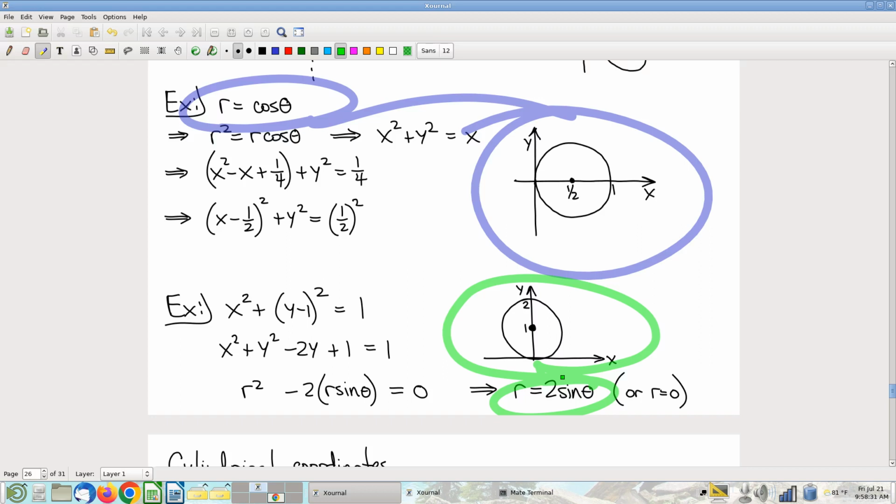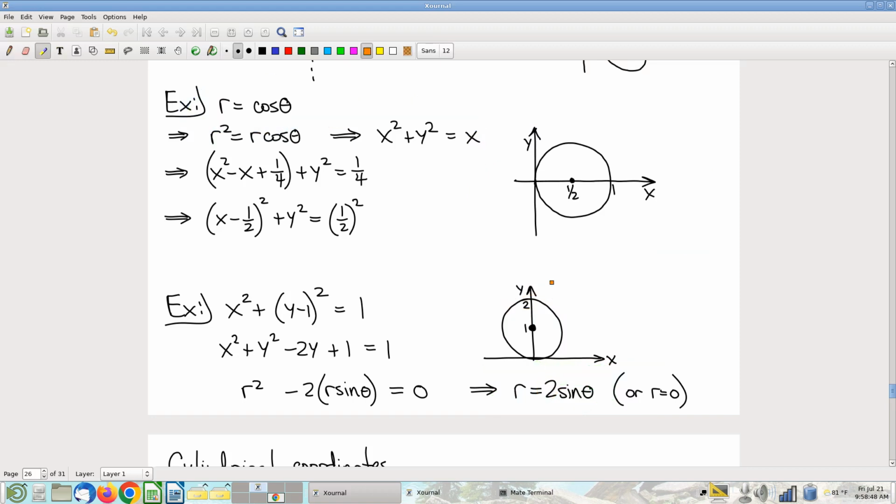And of course, this constant here, just kind of as an indicator, controls where the most extreme point is. Another way to say it is that it affects where the center is. Okay. All right, this kind of thing comes up a lot.